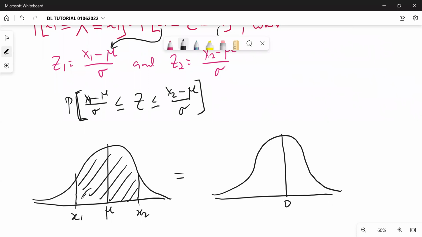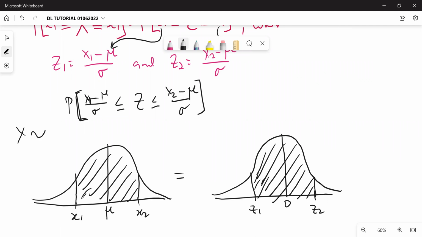Here we have 0, and here we have z1 and z2. We're saying that those two areas are exactly the same. If you're using the same pair of mu and sigma, if x has a normal distribution with mean mu and standard deviation sigma, then this would be equal to that.